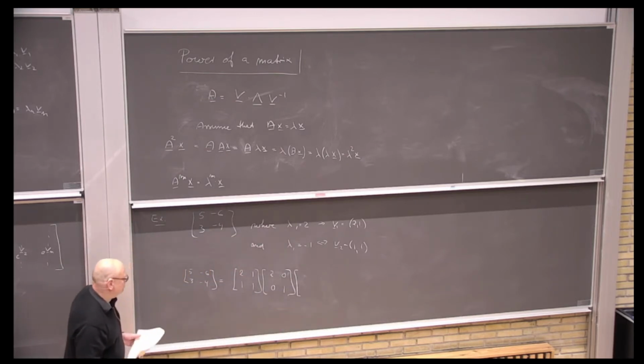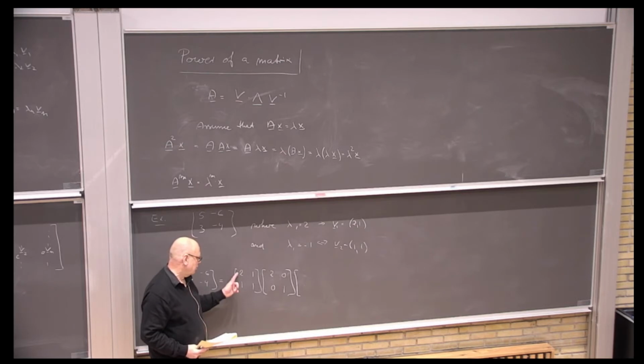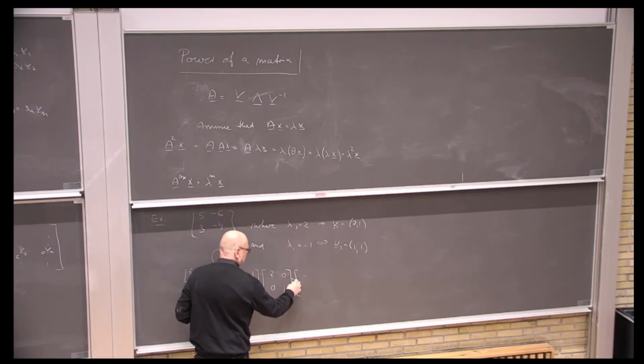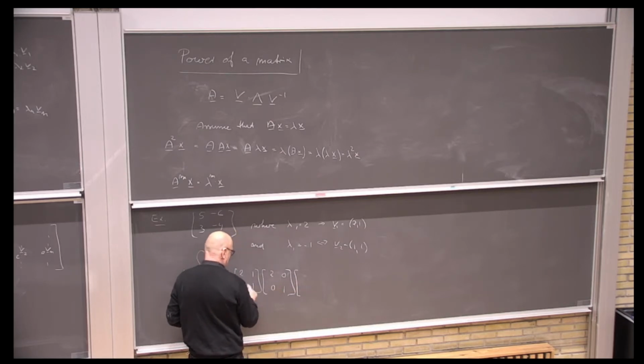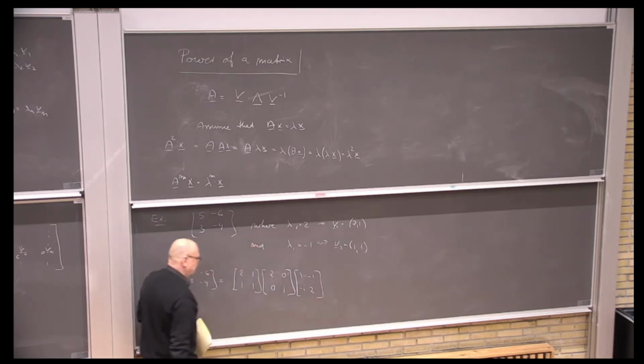And then I have to multiply by the inverse of this matrix here. So the determinant is 2 minus 1, which is 1. So for the inverse I have to divide by the determinant, but this is 1. And then I have to interchange these two, and then I have to change sign on these two. So this is the inverse.